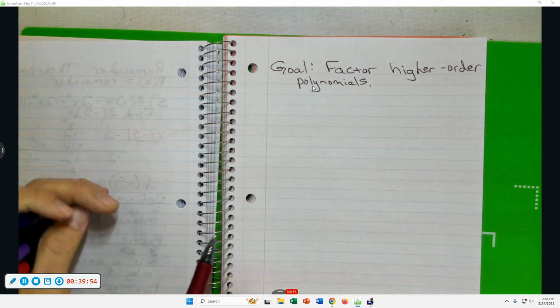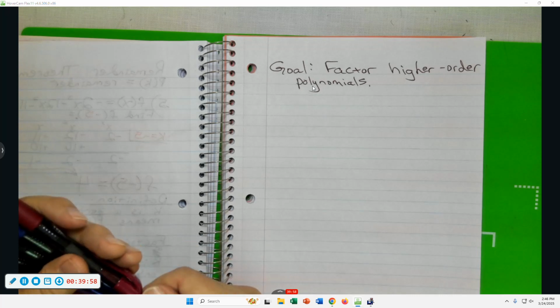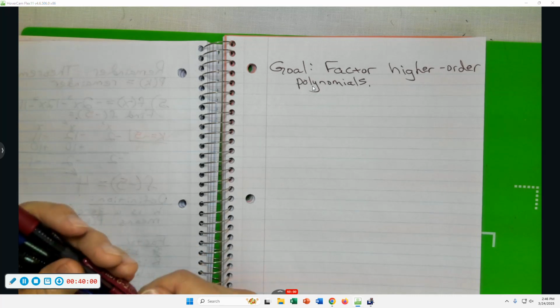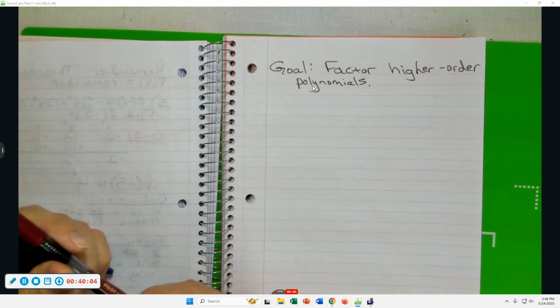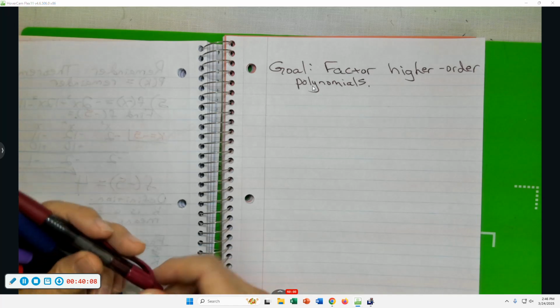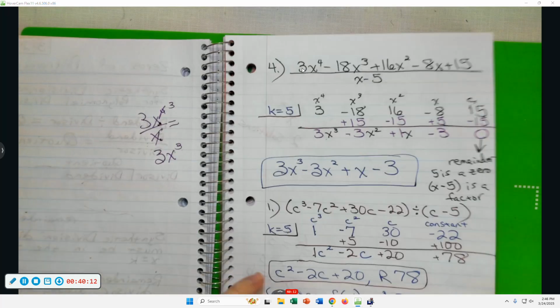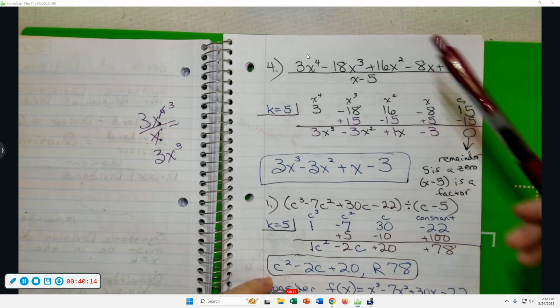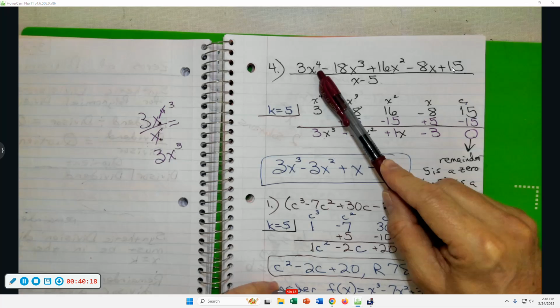When you're factoring a quadratic expression, how many sets of parentheses do you have? 2. When you're factoring a cubic, how many sets of parentheses do you guess we're going to have? 3. That's right. Suppose we tried to factor this thing over here. If it were factorable, the largest exponent is a 4.